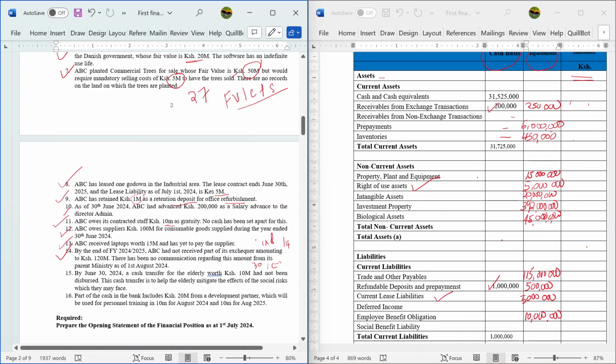If before the report is signed you receive those allocations that belong to the previous year, then you will recognize a receivable. Otherwise, if the budget lapses and by the time the report is signed you didn't receive that money, then you won't disclose or recognize it in your books. That is, the budget has lapsed, and it's my assumption that we won't recognize this 120 million.